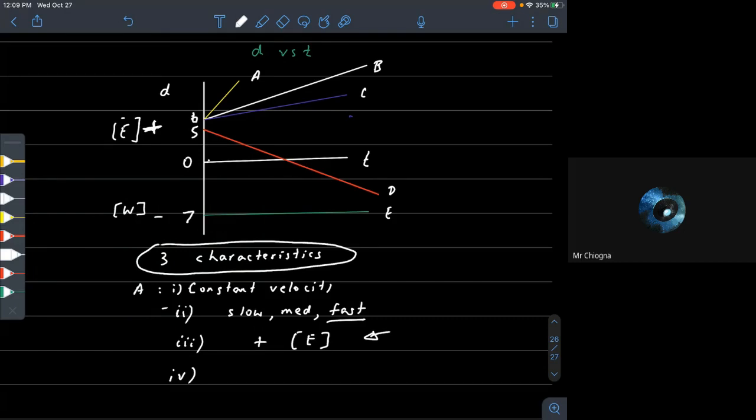In some of the questions you're going to get next, they do ask you for the starting position. So for A, you start at about 6 meters, whatever the unit is, plus 6 meters, or you would say 6 meters to the east. Again, I'm more particular about the first three. The fourth one's not expected on a test.